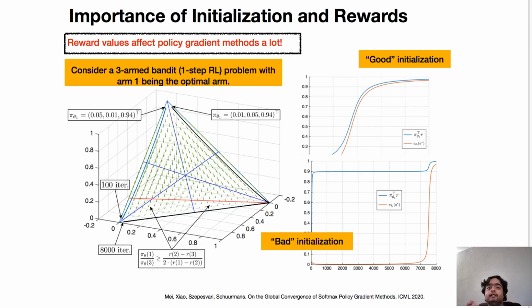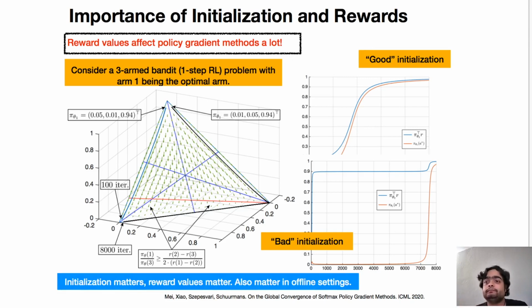And so the reward values contribute to a lot of these issues just because you have this arbitrary scalar multiplied to them in the objective. And so initialization matters, reward values matter, and a lot of this also matters in the offline setting when you do, let's say, importance sampling based policy gradients, which we talked about briefly in the offline RL lecture, but we'll not go into that in this part of the lecture today.